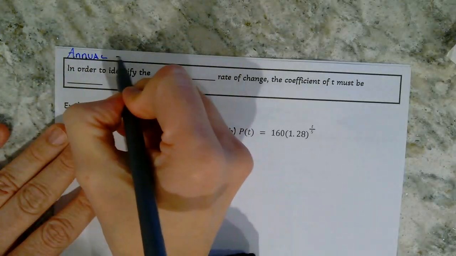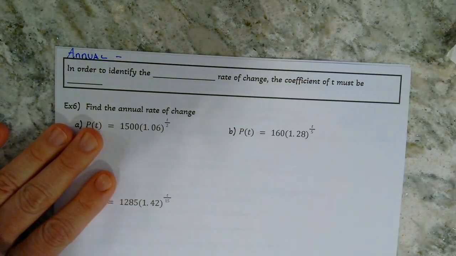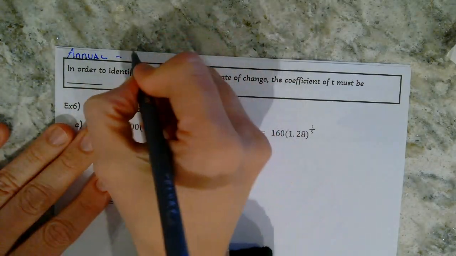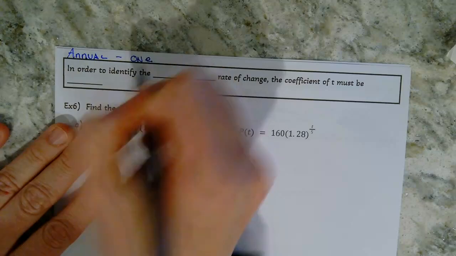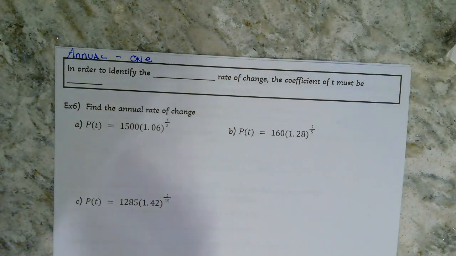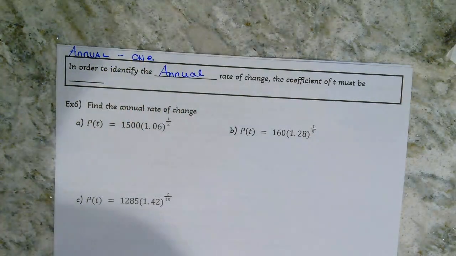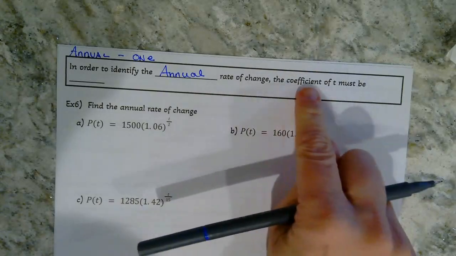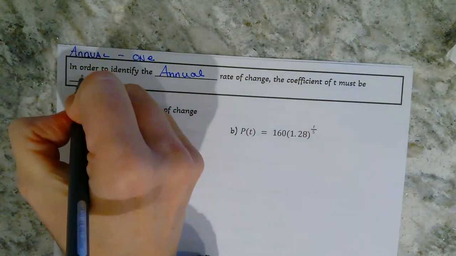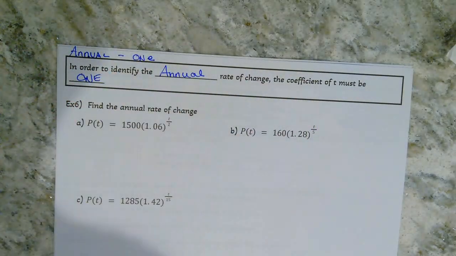Annual means how many. So if your birthday happens annually, it happens once a year. Okay, annual means 1. So in order to identify the annual rate of change, the coefficient of T must be 1. The coefficient of T must be 1.